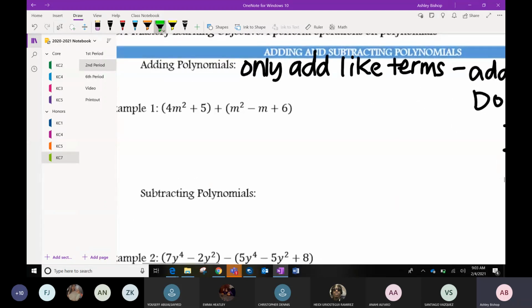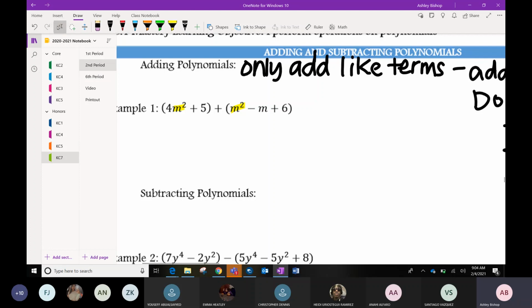What I mean by like terms is if I see something m squared, I can only add it to something else m squared. So I cannot take 4m squared and add it to negative m because they are not like terms. They don't look exactly the same. But I can take 4m squared and add it to 1m squared.